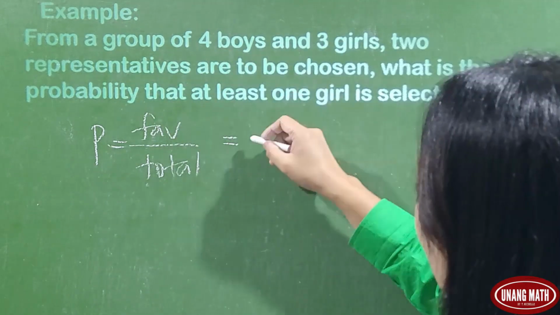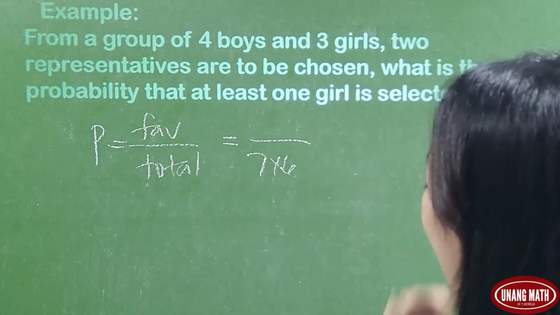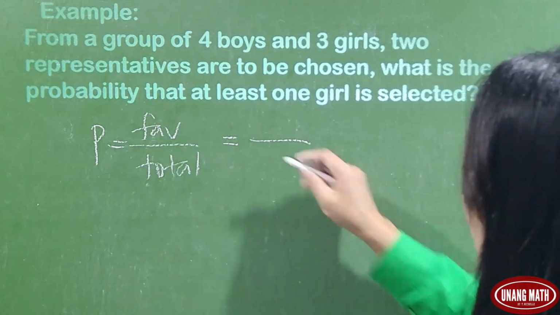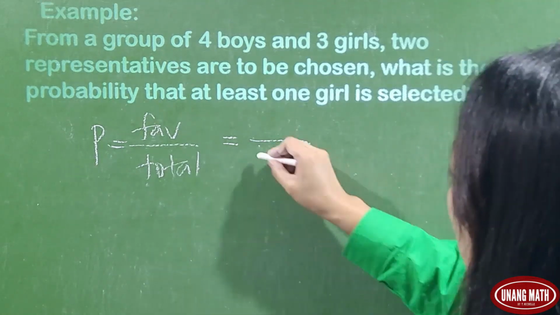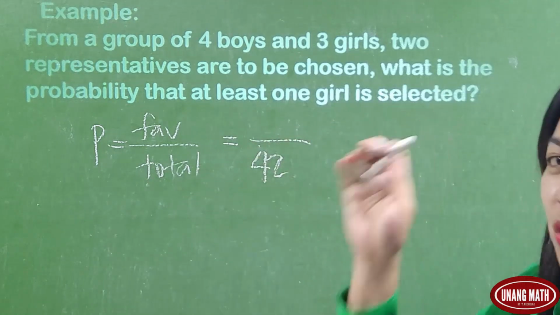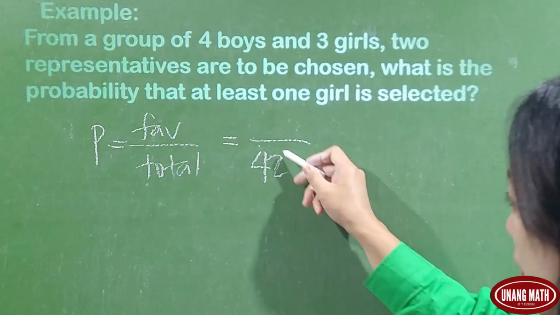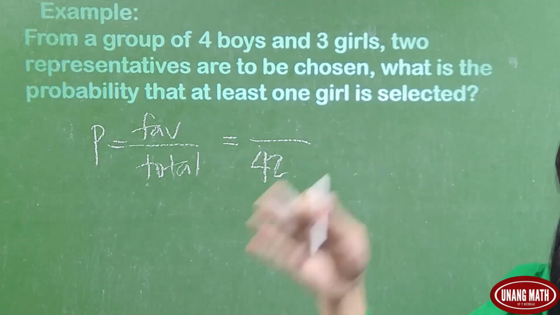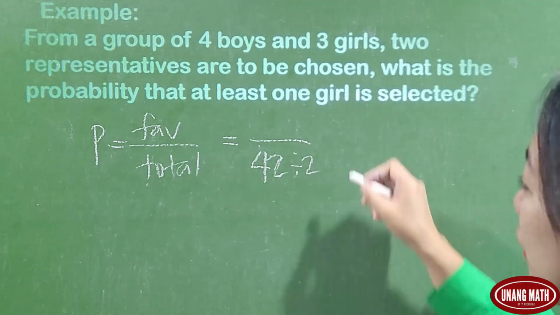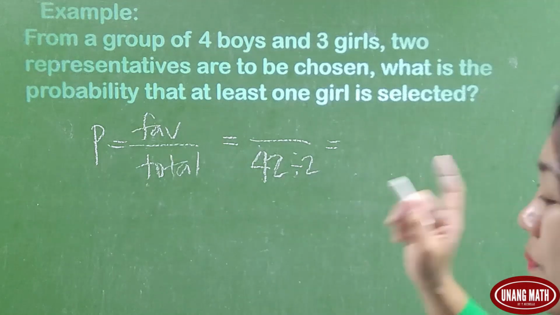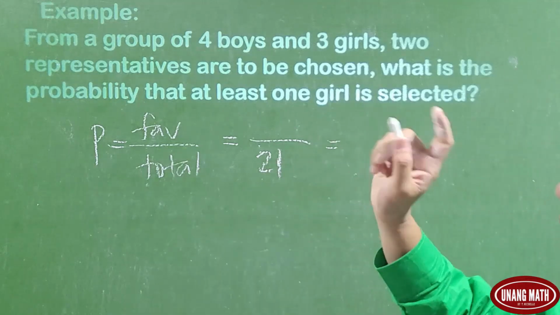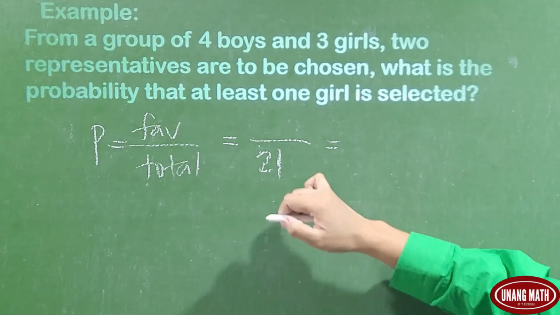So 7 times 6, which is equal to 42. But we cannot yet consider this as our final total possible outcome because there are repeated outcomes. So we have to divide this by 2. So this is equal to 21 total possible outcomes.